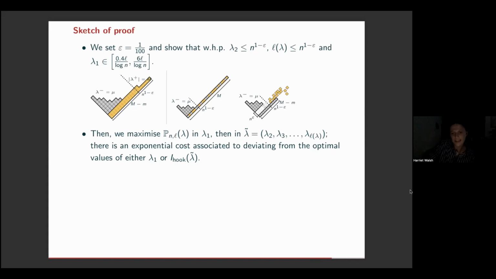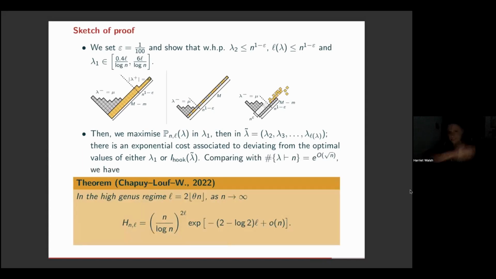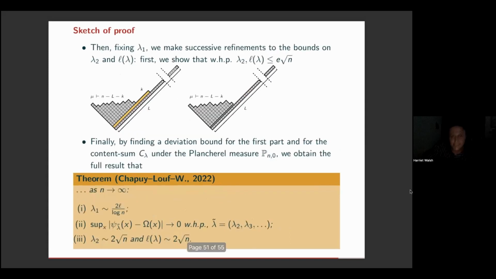And then we have an optimization problem for that, as well as the optimization problem that you'd have under the Plancherel measure. And along the way here, we actually show, in comparison with enumeration of partitions, exactly what the enumeration should be up to e to the little o of n. And then we have some refinement afterwards in order to show that the length and the second part are bounded by 2 to the root n.